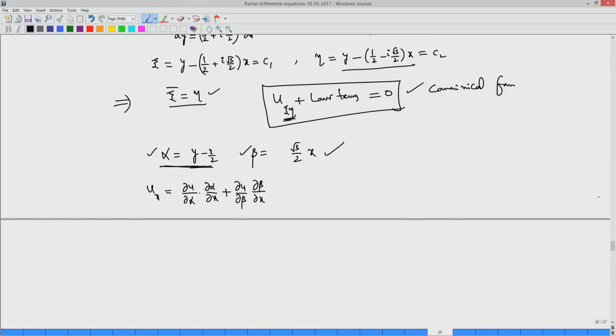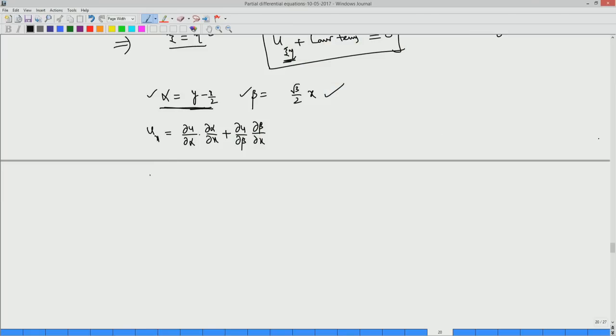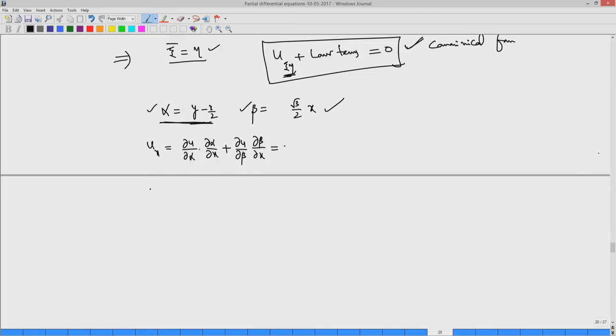In terms of this alpha and beta, you expect the canonical form to become u alpha alpha plus u beta beta plus lower order terms. So ux is minus half u alpha, and dou beta by dou x is root 3 by 2 u beta. So you can choose simply for xi, so that minus minus is going to be plus.